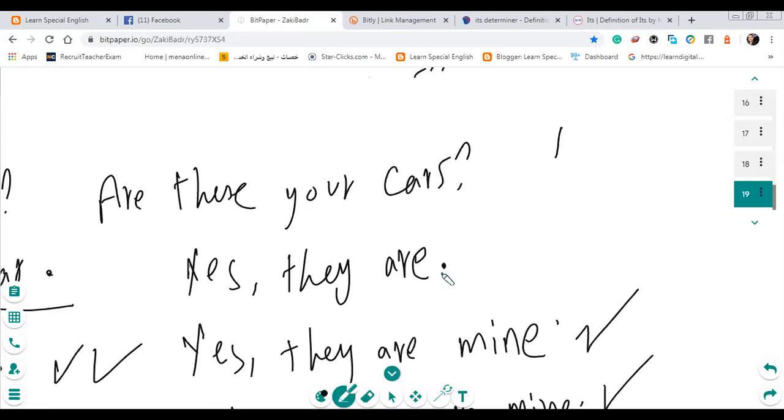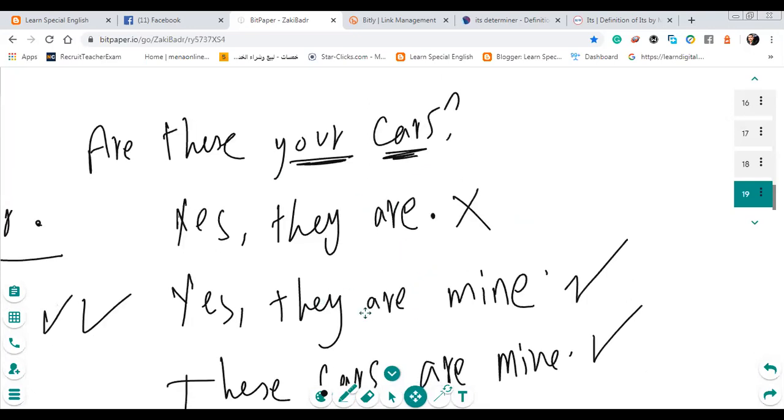We cannot say, yes, they are. They are what? This is the subject, this is the verb. Where is the object? Since we have put your cars, there must be something in the answer that belongs to that question. Yes, they are mine.